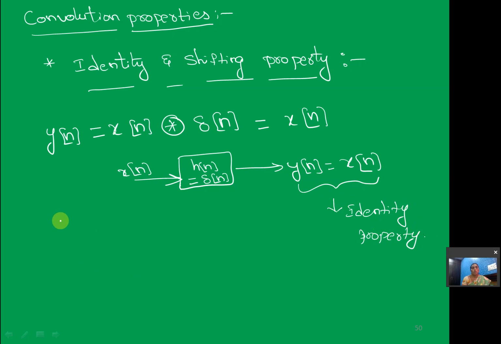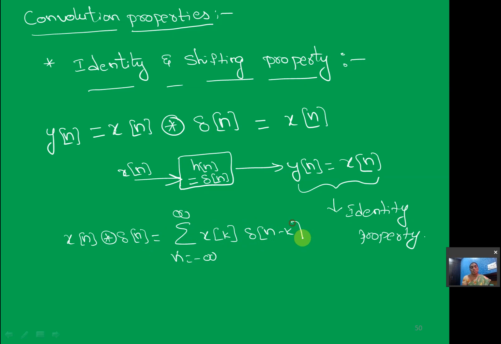Now, how can you prove this one? X of n convolved with del of n means summation over k from minus infinity to infinity, x of k, and the second sequence is folded and shifted, that is del of n.